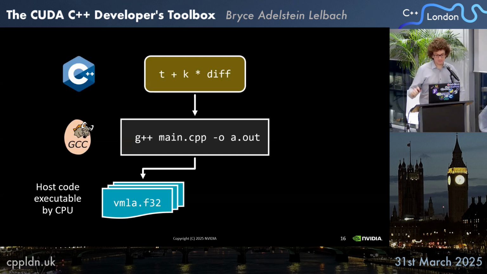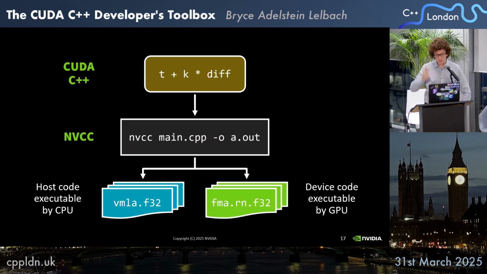Now, when we compile this standard C++ code, our compiler lowers each function and operation to the appropriate instruction set for whatever processor we're targeting. So if we're targeting an NVIDIA ARM CPU, it's going to lower to this instruction. But when we're writing a CUDA C++ program, there are two different target processors, the host and the device, and each has its own different instruction set.